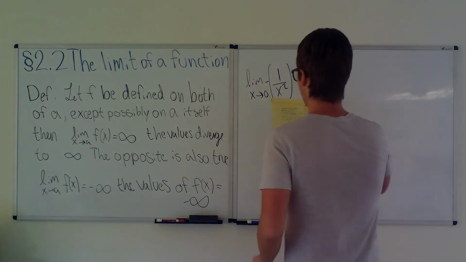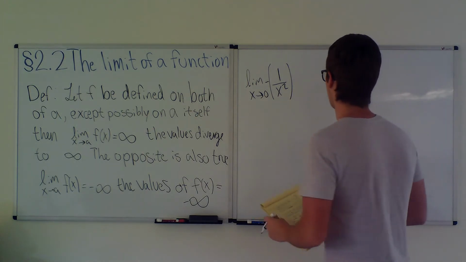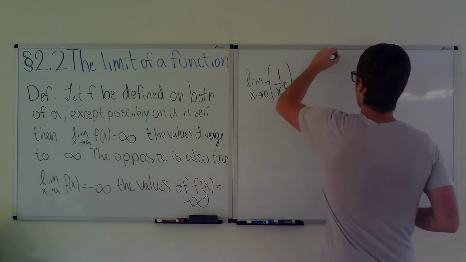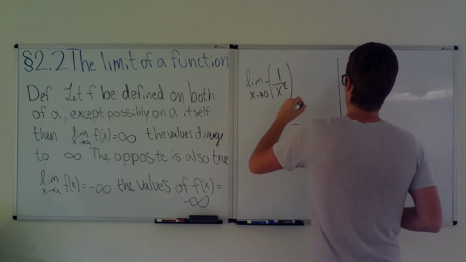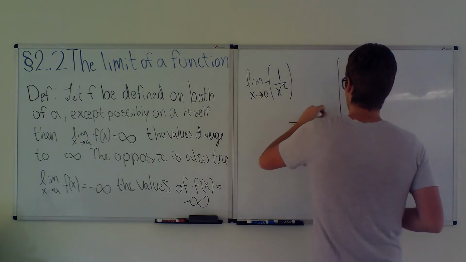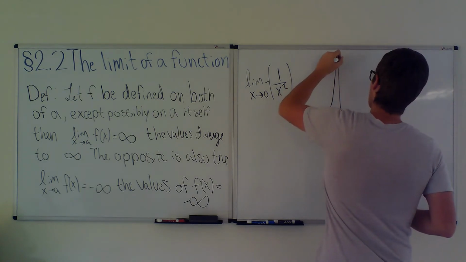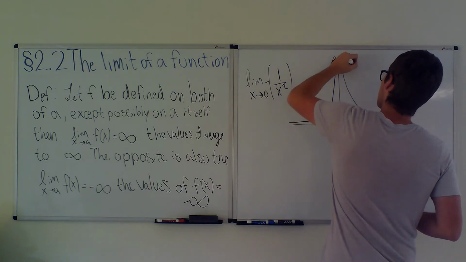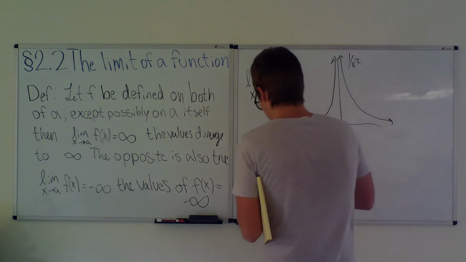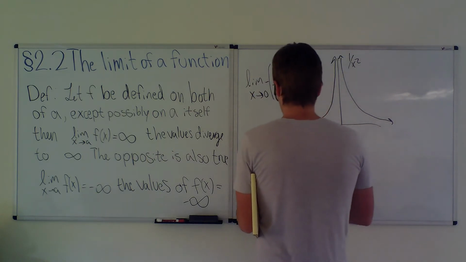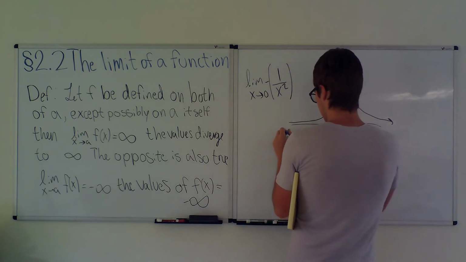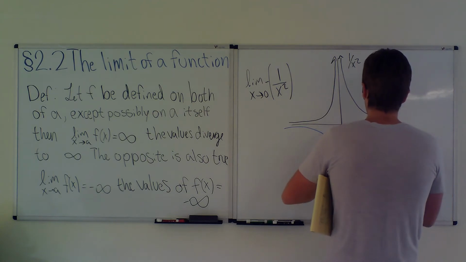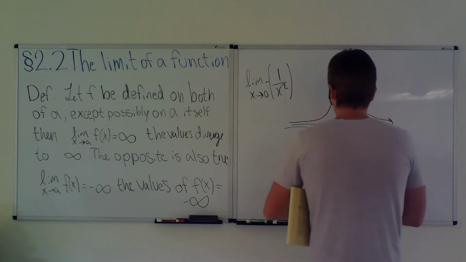That's just 1 over x squared, but negative. The graph of 1 over x squared looked like this. So that's 1 over x squared. Now the graph of this one just looks like this, and it diverges to negative infinity.